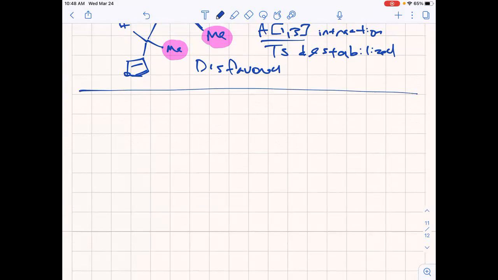So for an example of where the A12 interaction is observed: normally you observe this with 1,1 disubstituted alkenes.